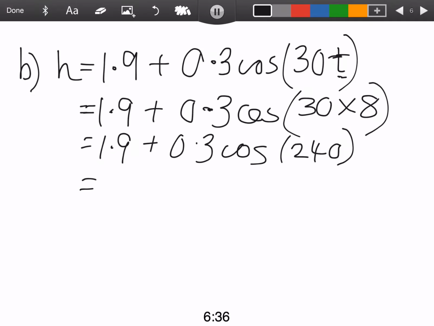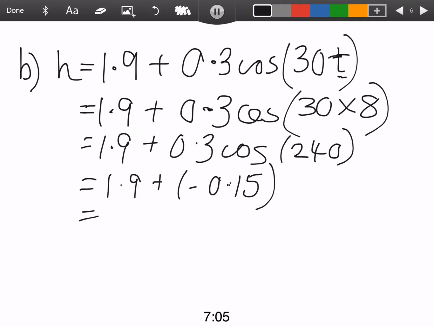Now this is a calculator paper. We're not expecting you to do this without a calculator. In fact, most calculators you will be able to key in 1.9 plus 0.3 cos 240 all in the one, no bother.